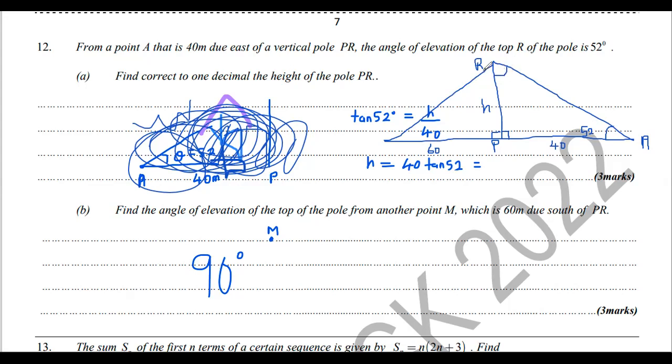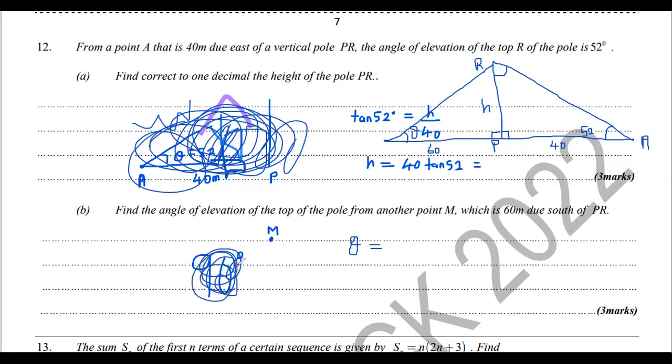Since we don't know this other side, we cannot tell, but we know that this side is h, and this side is 60. So we can look at this angle theta. Let us call this angle theta. The angle theta here is going to give us the angle of elevation. So we are not using this 90.